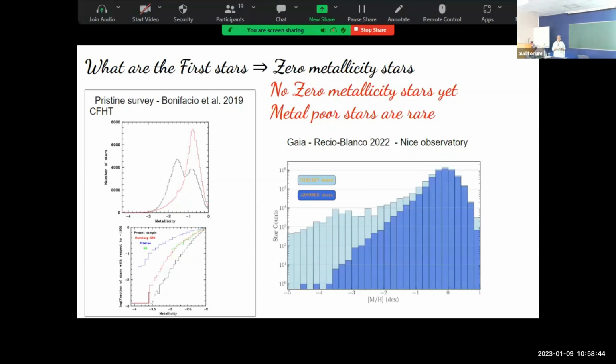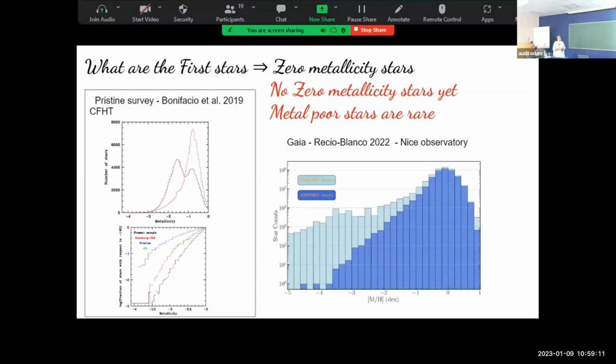There are some peculiar stars which have carbon but less iron, so we will come to that. Otherwise, the only way we can detect first stars is through this stellar archaeology. That is the only bet we have right now.